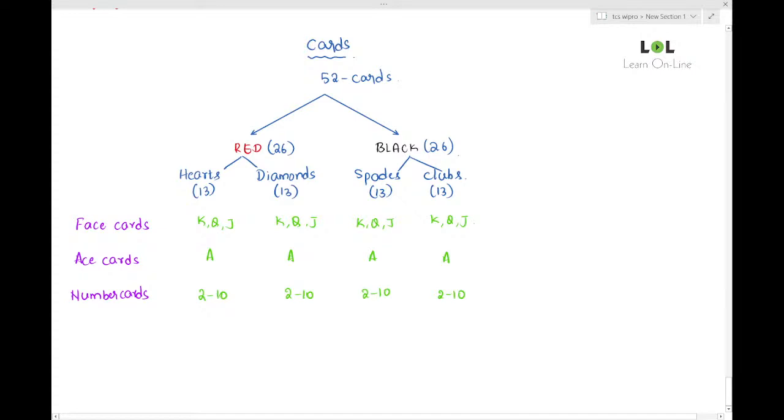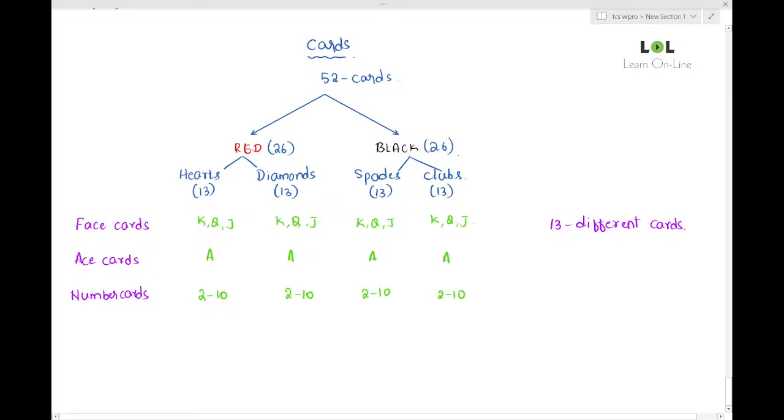So look, how many different types of cards are there? King, queen, jack, ace, 2, 3, 4, 5, 6, 7, 8, 9, 10. So totally, how many types of cards are there? 13 different cards.